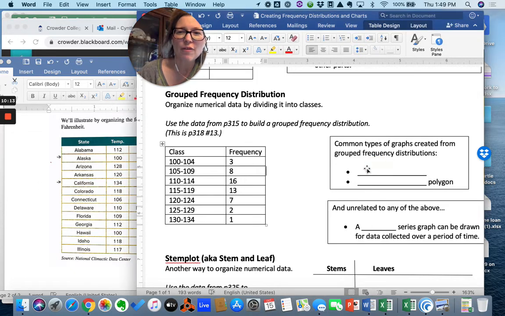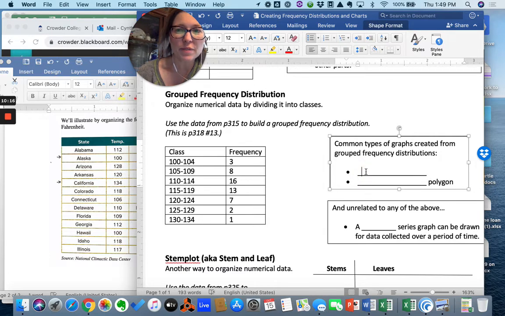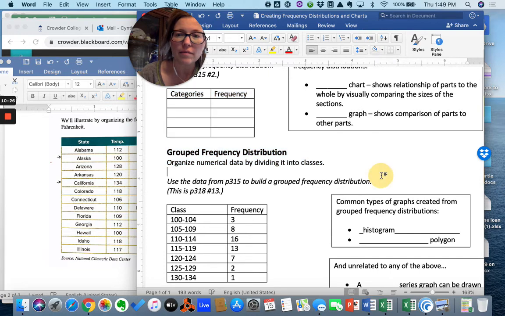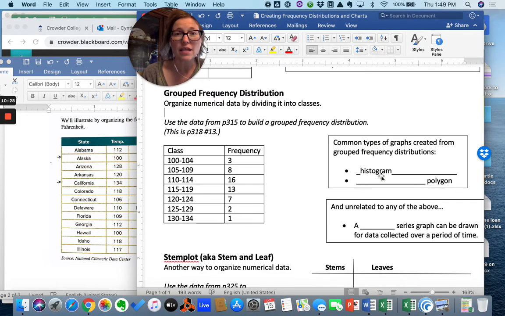So if you have grouped frequency or grouped data like this, a common type of graph for this kind of data would be a histogram. A histogram is a lot like a bar graph, except your bars are touching each other, because they're not just categories that can be interchanged and don't particularly have an order.